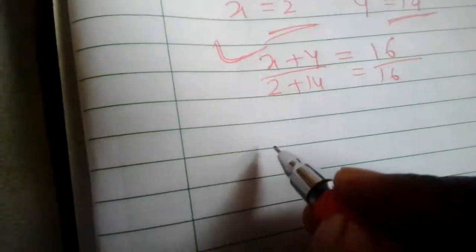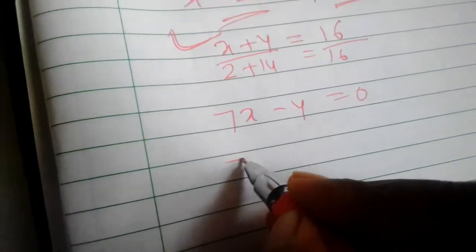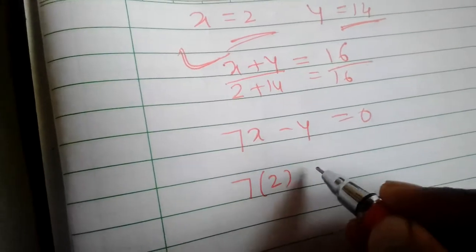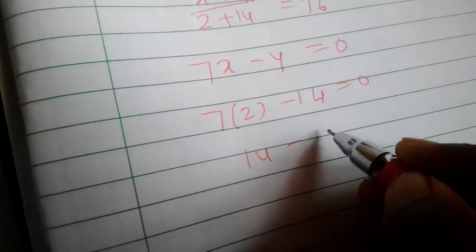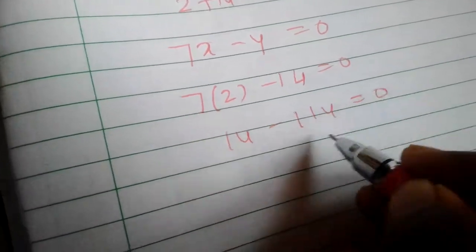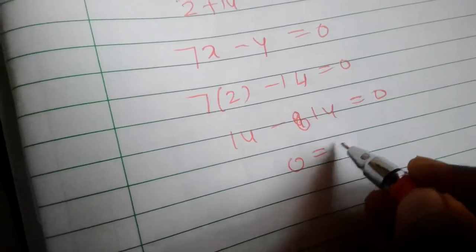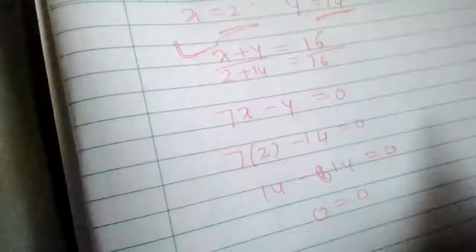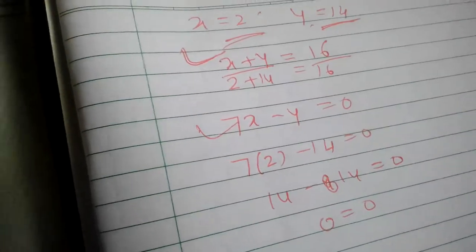Next one, 7x minus y equal to 0. I will put 2 here for x, and minus 14 here. 14 minus 14 is equal to 0. So 0 equal to 0. From this point I again write one more equation, 7x minus y equal to 0.